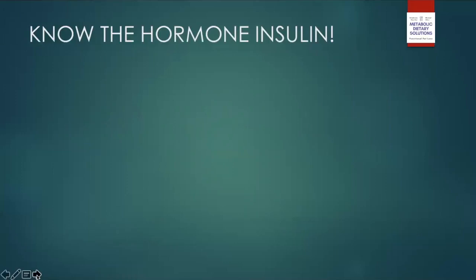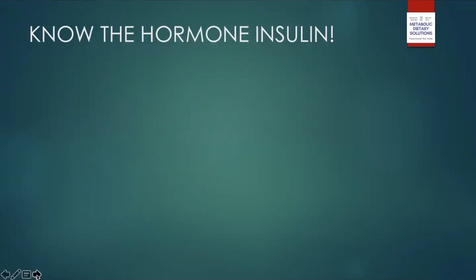Now, there are a whole lot of other hormones too, and I will, over a period of time, talk about the others as well. However, the most important hormone is insulin. Many of you probably know of insulin as the hormone that is being used as a treatment of diabetes, definitely type 1 diabetes, pregnancy diabetes, even in type 2 diabetes.